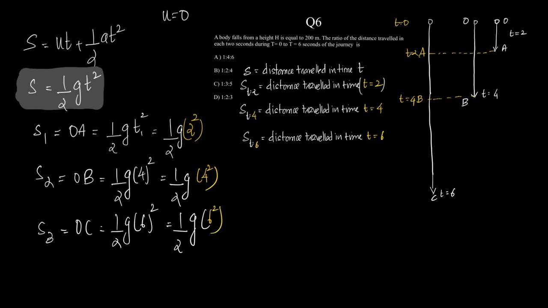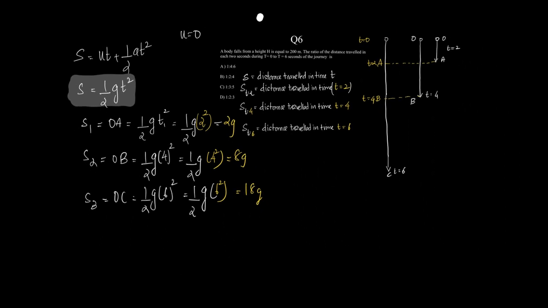Well, this basically reduces to: 2 square is 4, 4 by 2 is 2, so this is 2G. 4 square is 16, 16 by 2 is 8, so this is 8G. 6 square is 36, 36 by 2 is 18G, right?